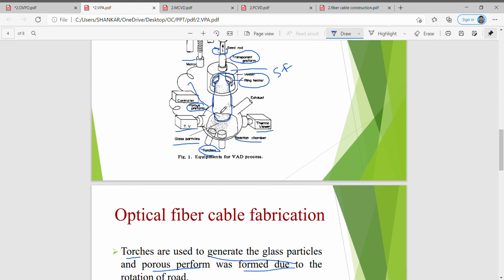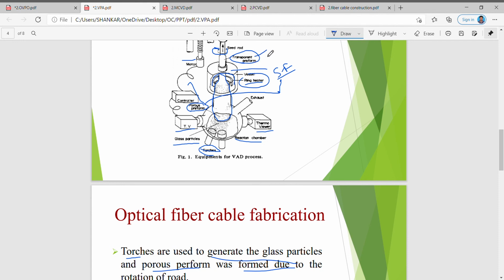While rotating this in the upward direction, we are using the ring heater to convert this porous form into the solid state fiber. Here it will convert this porous form into the solid state fiber. After that, again it will be converted into the form of a transparent glass.